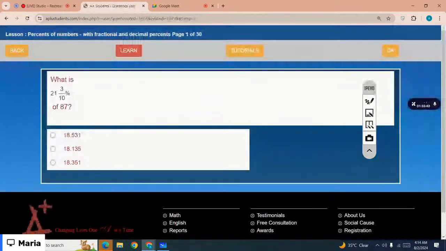Okay, what is 21 whole 3 over 10% of 87? So 87 is the whole number. You need to find the part of 87.